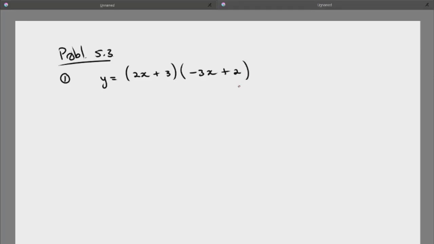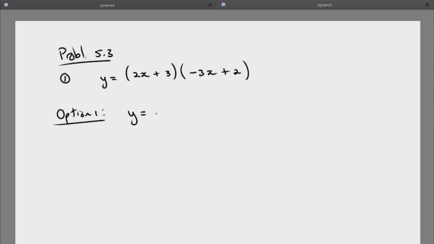Now in this case, yes, if I FOIL this out, given the properties I have, I can still find the derivative of this. So let's do that. Let's say option 1, given my current list of properties to find the derivative, I kind of have to simplify first.